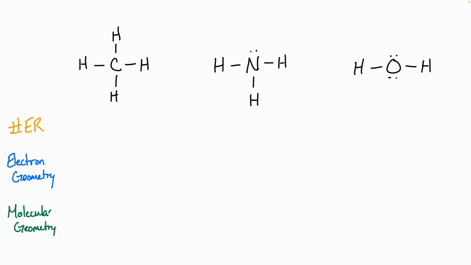All right, so in each of these here, we can convince ourselves that these all have 4 electron regions, right? Whether they're all bonds, as in the case of CH4, or a mixture of bonds and lone pairs. All of these have 4 electron regions here. So if they all have 4 electron regions, that means they all share the same electron geometry, which would be what? Tetrahedral.